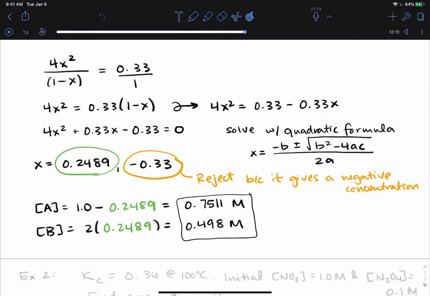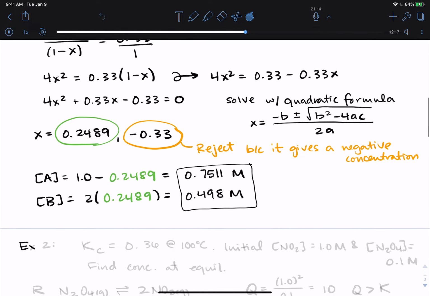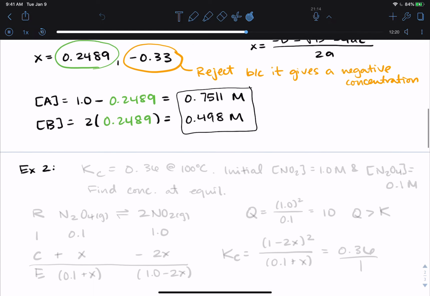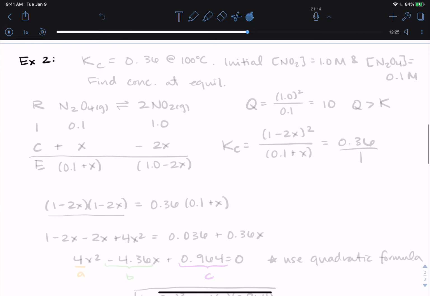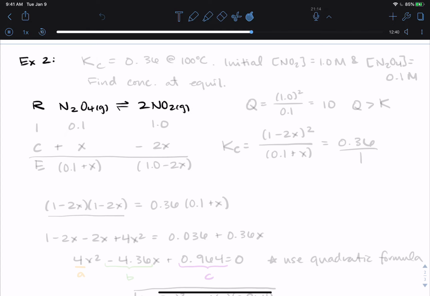So one more example using these steps to solve a problem, and this one will be a little bit more explicit. So our reaction, which just to save some space, I'm going to place it in the ice table. So the reaction N2O4 gas in equilibrium with 2NO2 gas. The Kc for this reaction equals 0.36 at 100 degrees Celsius.